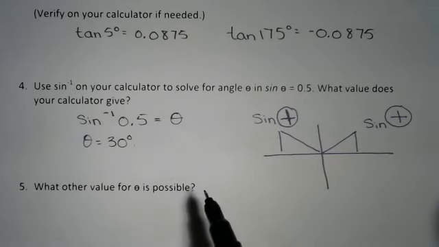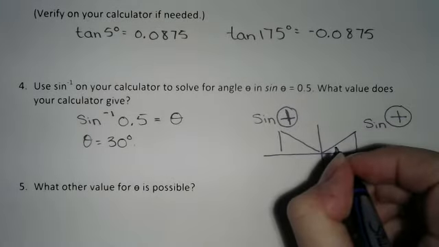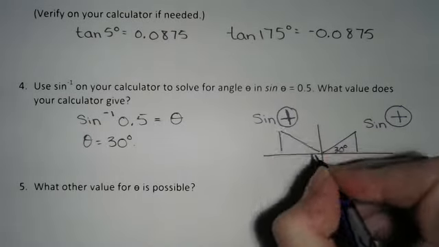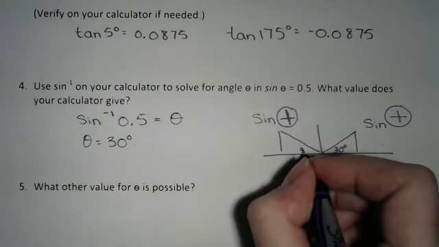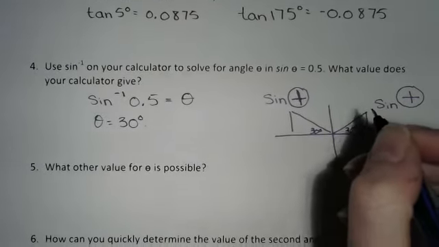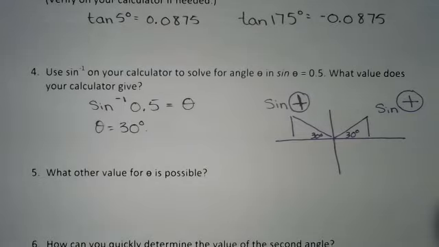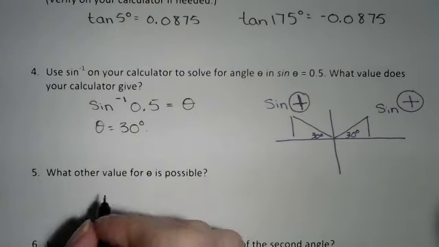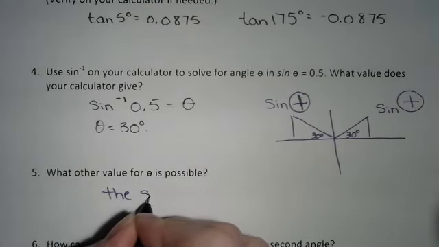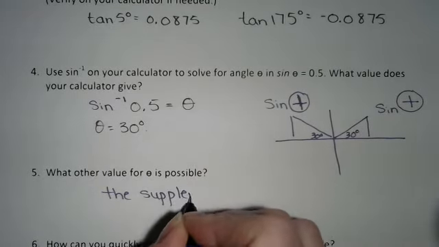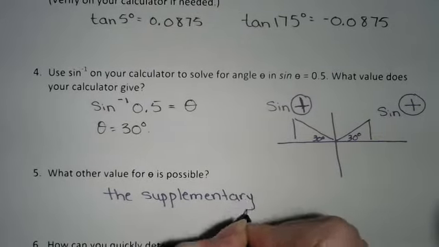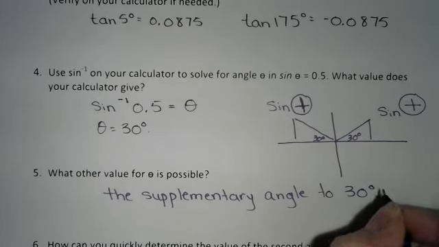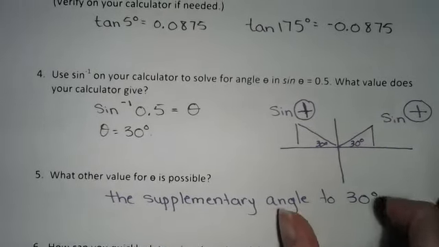So what other value is possible? Well, if this is 30 degrees, that means that the supplementary angle, in other words, the one that goes over here, this little one here, is also 30 degrees. The supplementary angle to 30 degrees will also give us the same value.